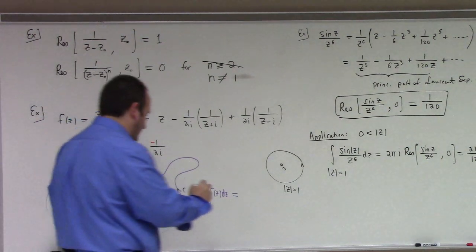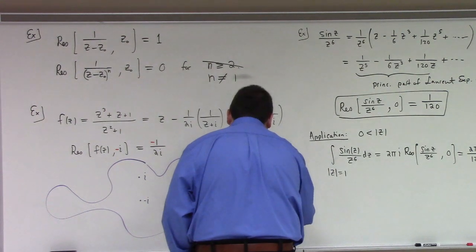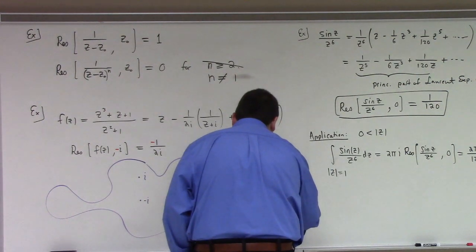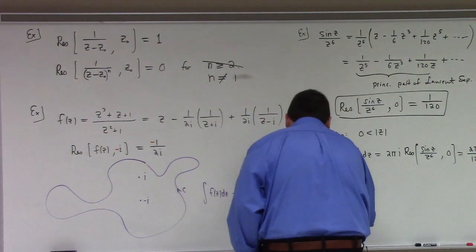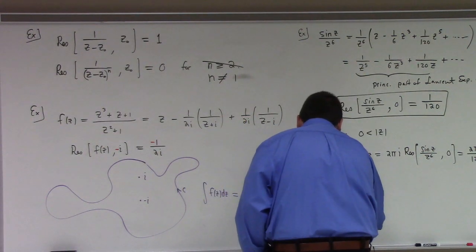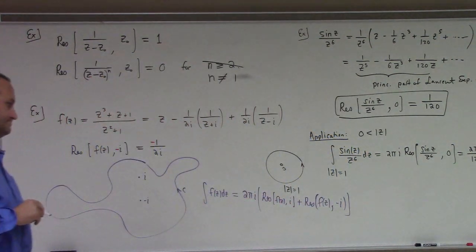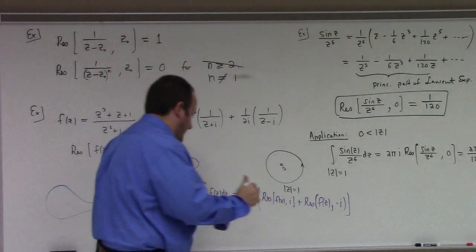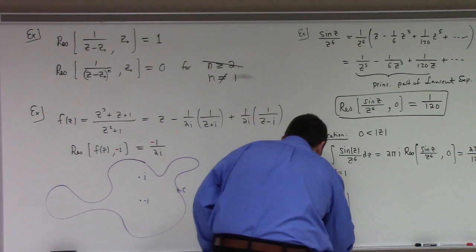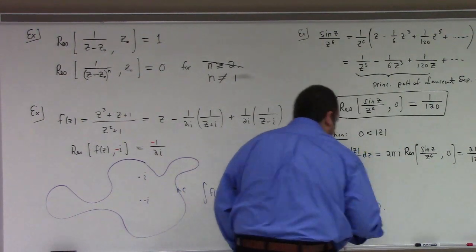Because it is 2 pi i times the residue of f of z at i plus the residue of f of z at minus i. And those are 1 over 2i and minus 1 over 2i, or vice versa. I can't remember which is which, but this one was minus 1 over 2i, and this one's 1 over 2i, so the net is 0.